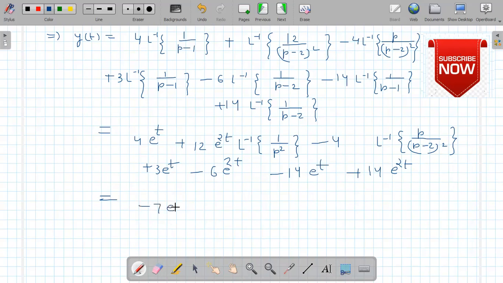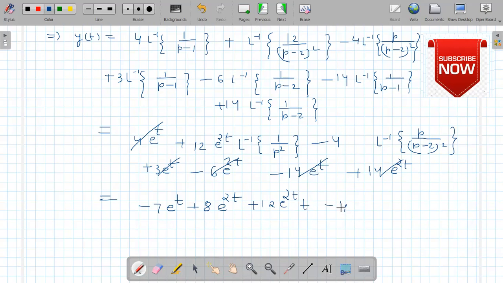And this is minus 6 and this is plus 14, so this is 8e^(2t), that will also cancel, and it is 12e^(2t), and the Laplace inverse of 1 upon p square is t.